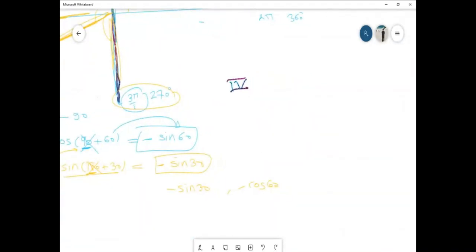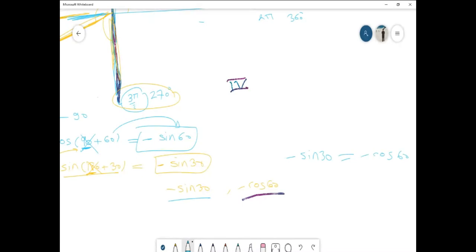So I got minus sine 30 here using this boundary, and I got minus cosine 60 using the other boundary. They should be the same. Why? Because when I use this boundary, it gave me this one.